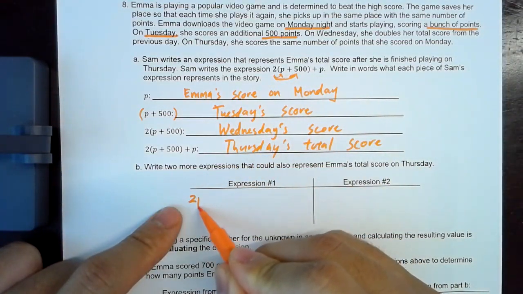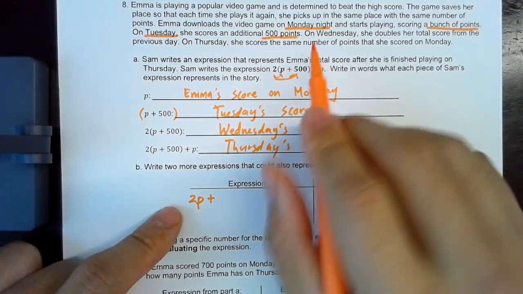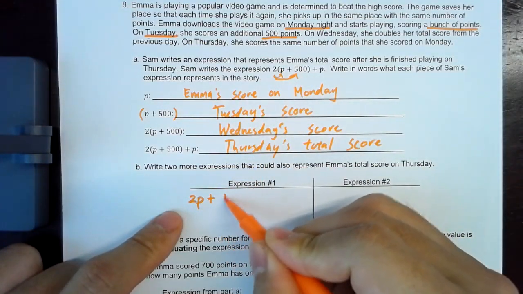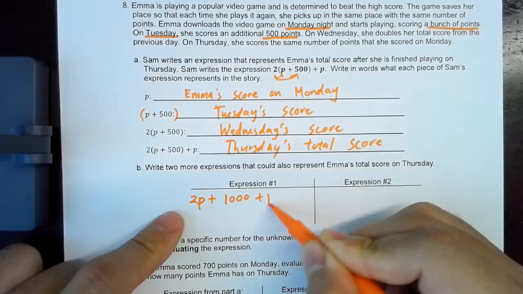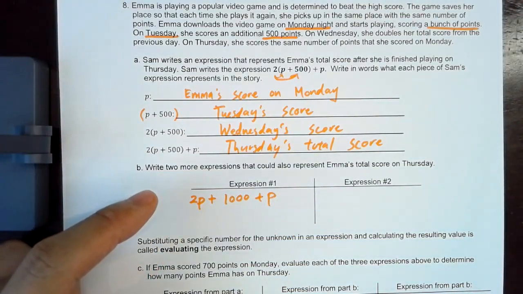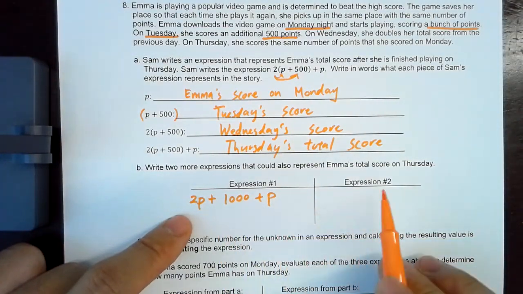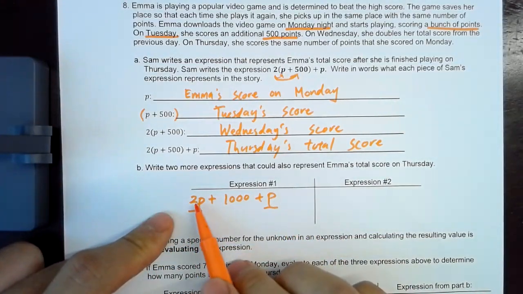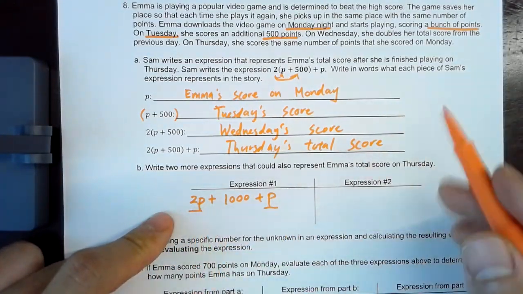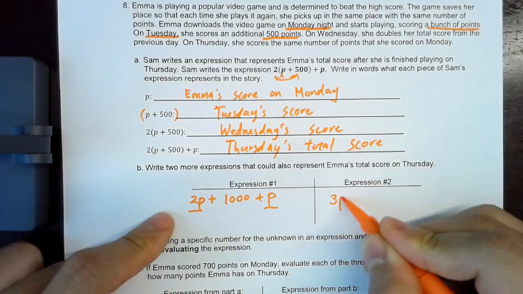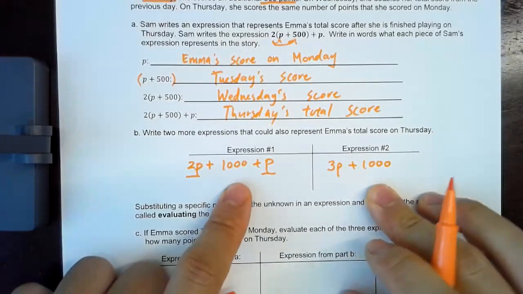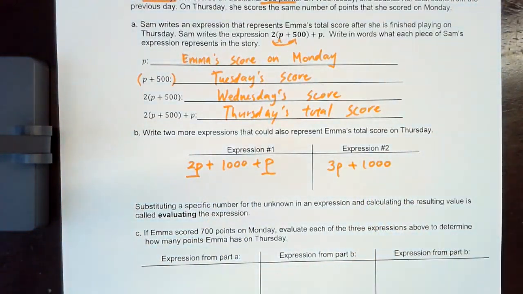So if I really wanted to simplify it, I could start by distributing the 2, and I can get 2p plus 1000 plus p. That would be one example of an equivalent expression. And then if I were to combine like terms, right, the variable p with the variable 2p would give me 3p plus 1000. So these are both basically describing the same exact situation.